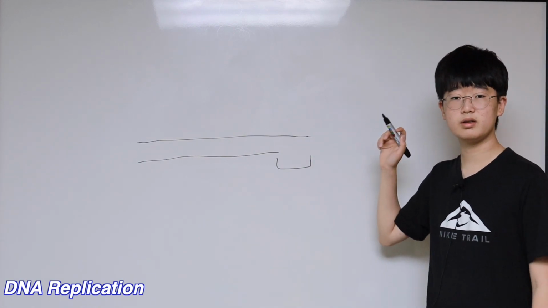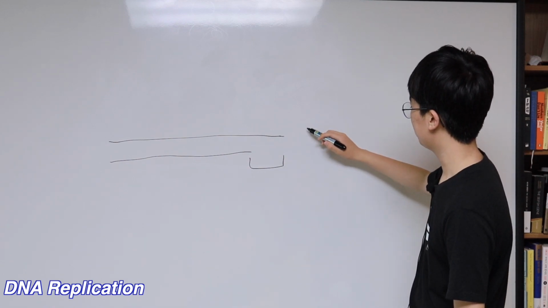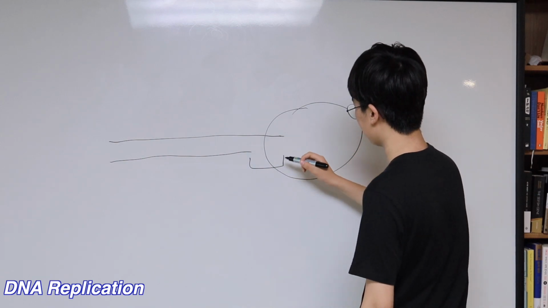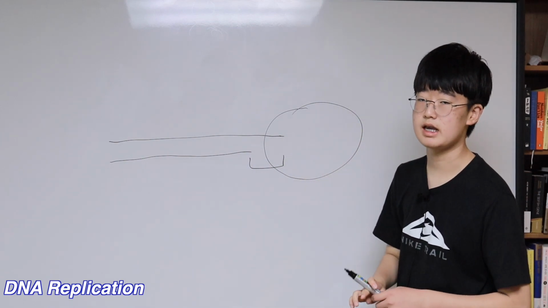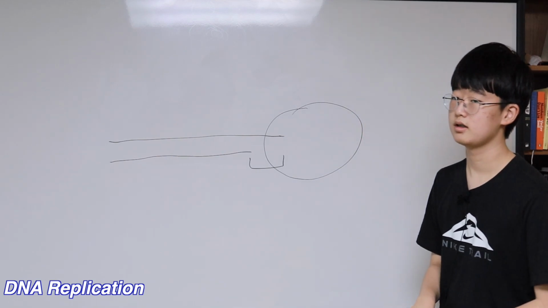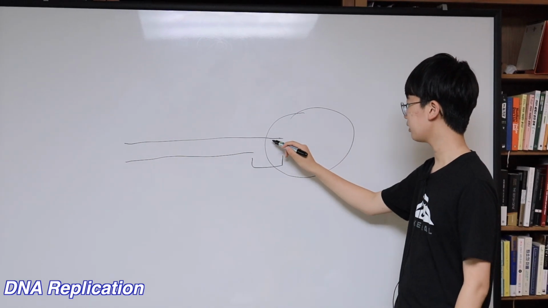So this is where telomerases come in. The telomerase comes in here like that, and telomerases have their own RNA fragments called telomerase RNA.